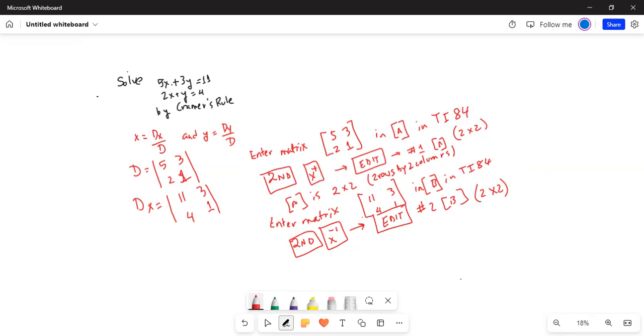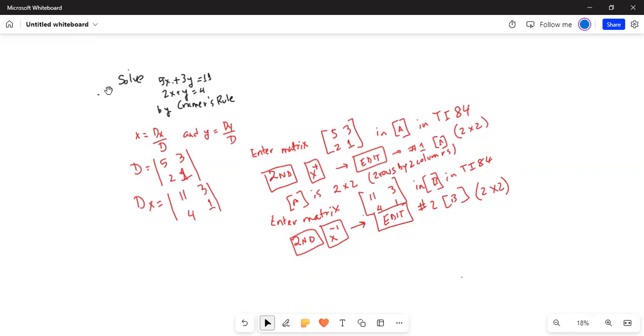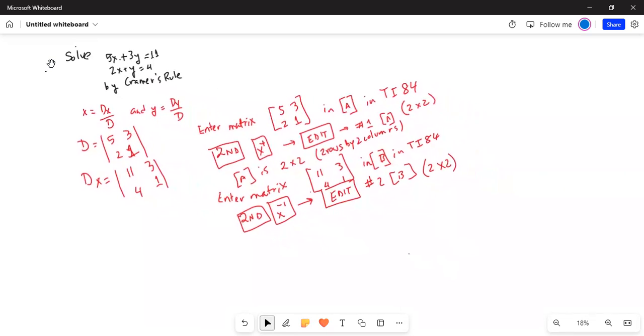Maybe move this a little bit up also. Okay, now I'm ready to solve for x. Let's first find the determinant D, which is basically the determinant of A. How do I do it in my calculator?